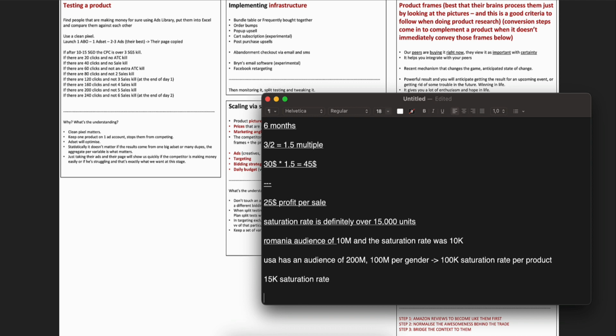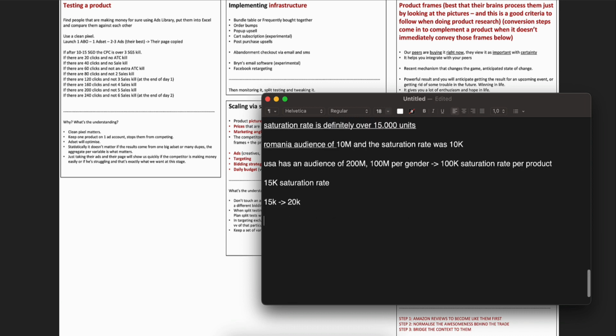However, this is just Facebook and this is just America. If we scale a winner in other countries, we can double this saturation rate. But let me be extremely conservative again, and let's say that we raise it up from 15K to 20K. And then we got multiple platforms. We got TikTok as well.